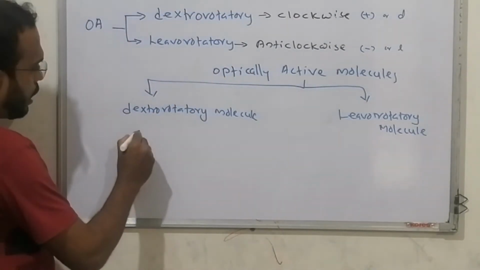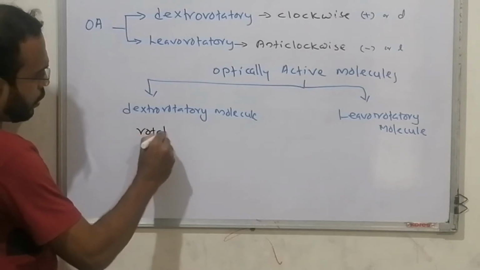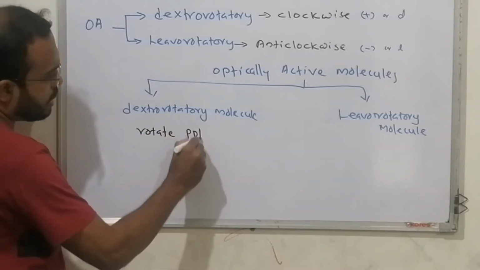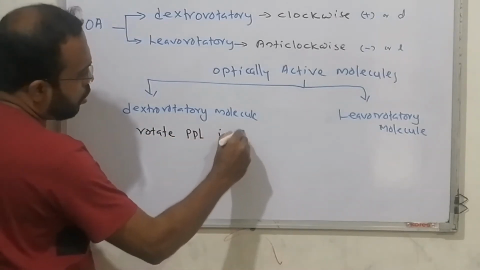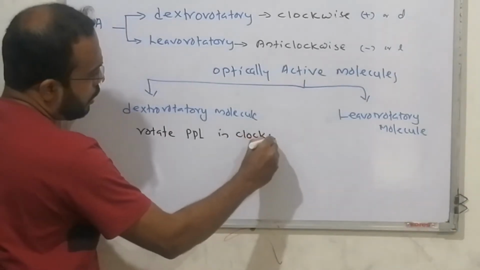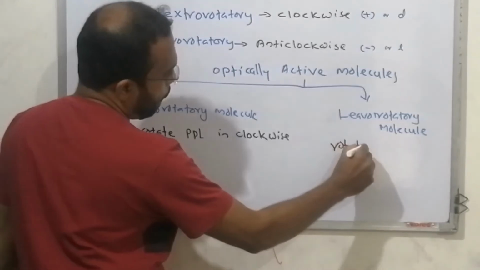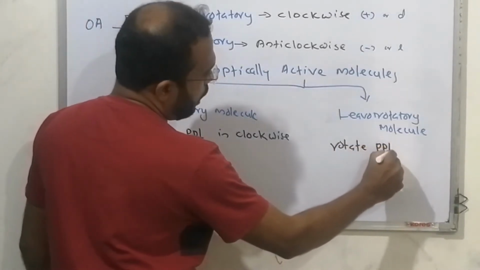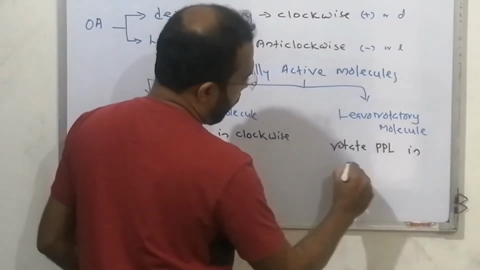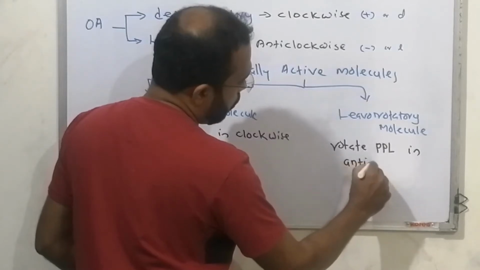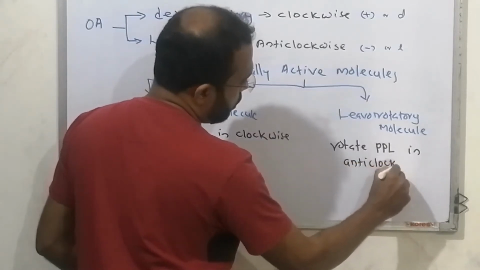The molecule which rotates plane polarized light in clockwise direction. A levorotatory molecule rotates plane polarized light in anti-clockwise direction.